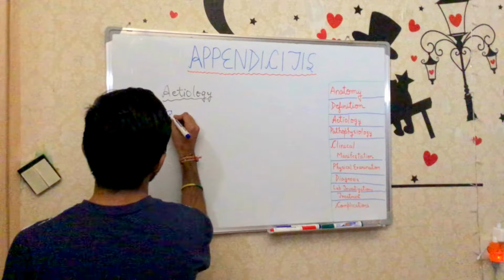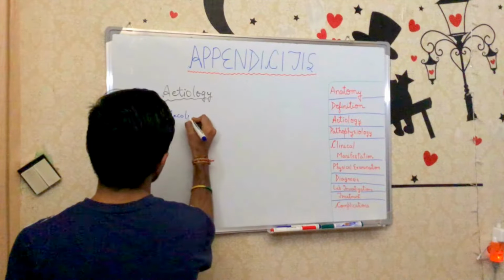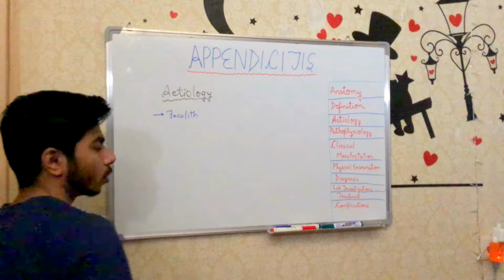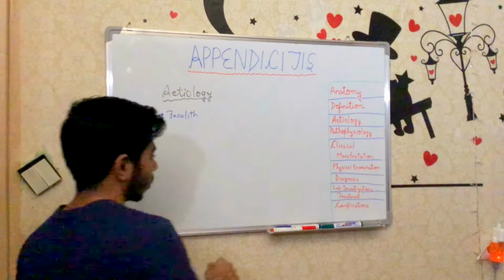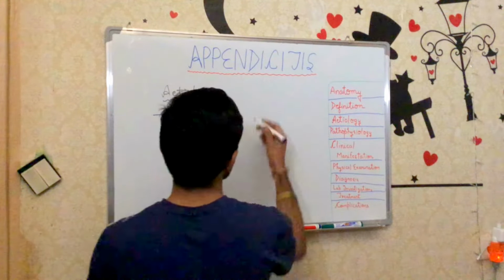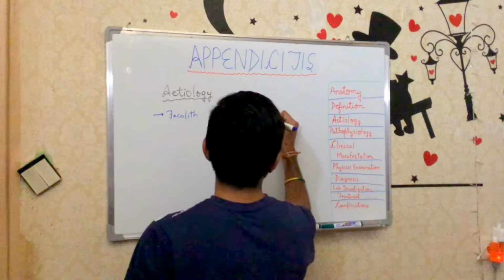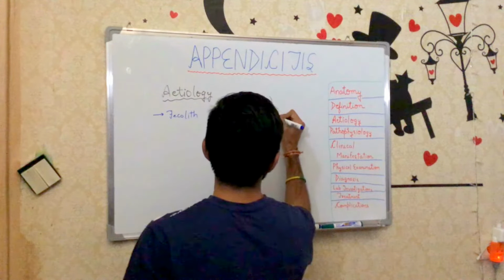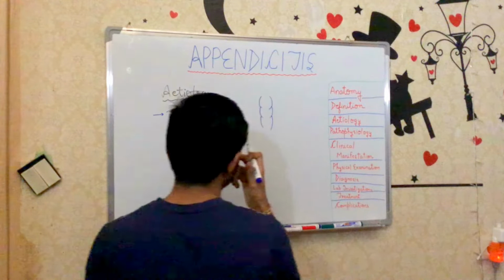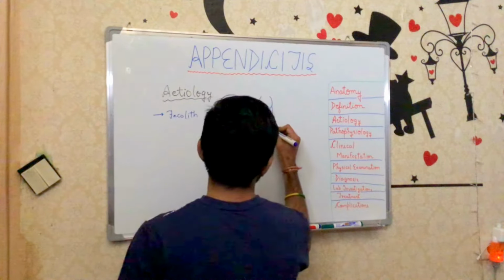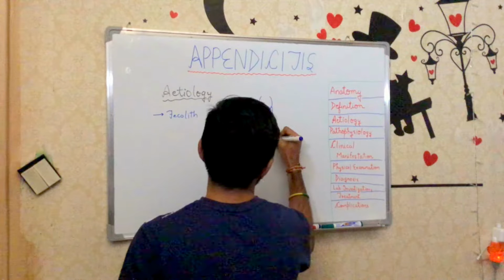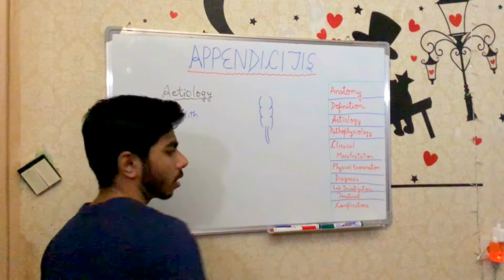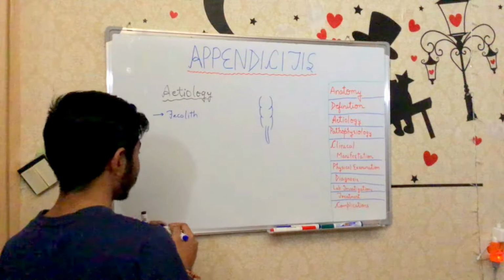For example, a fecalith can cause obstruction of the appendix. For example, this is our cecum, the part of the colon, and here is the hollow muscular tube, our appendix.